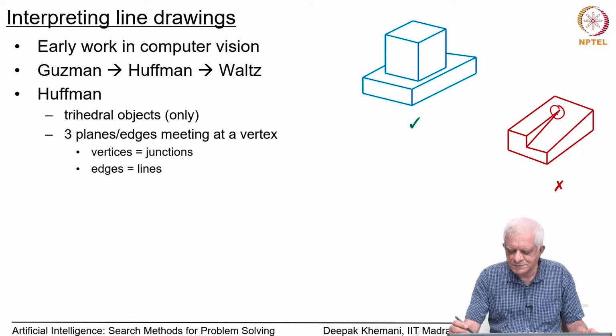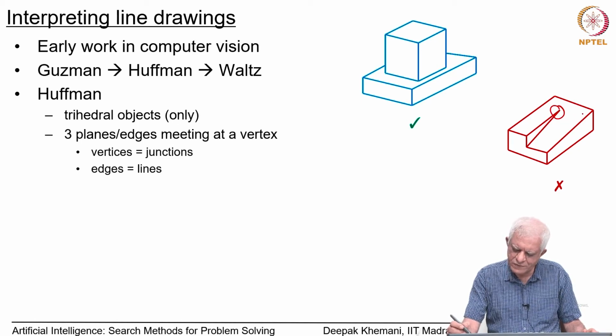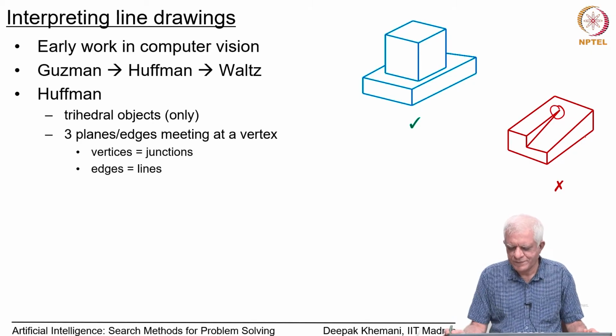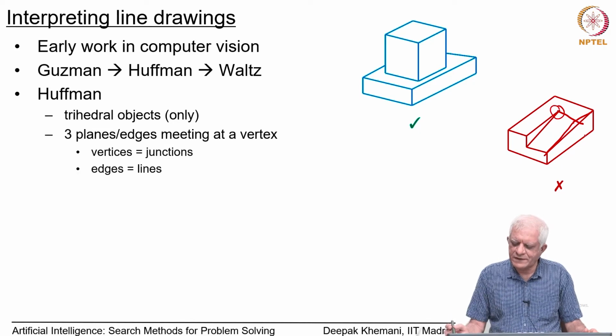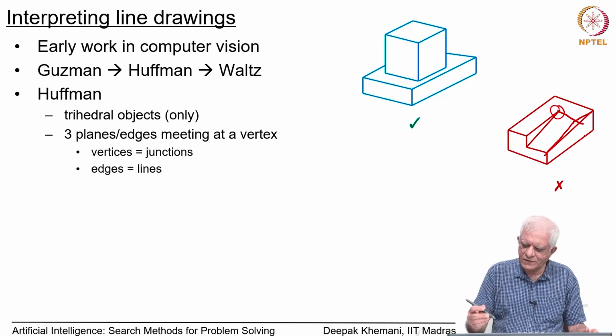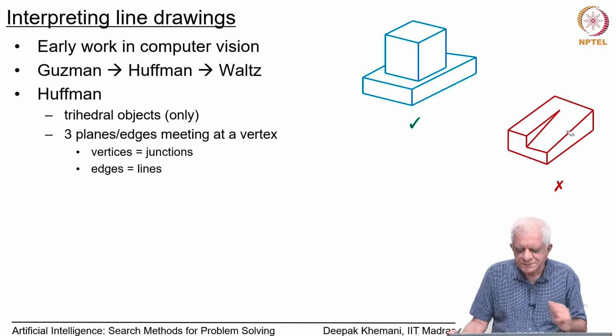If there was an additional edge from here to here, and this was like this and this was like this, then it would become trihedral. But as given to us, this is not a trihedral object essentially.